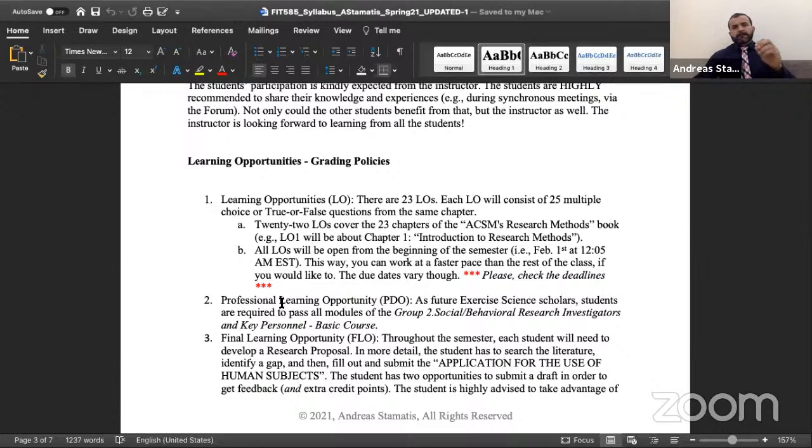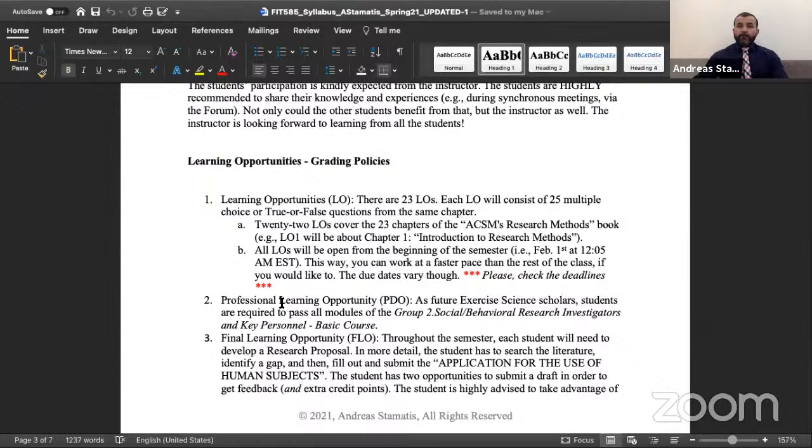And that's training that you get for free through Plattsburgh, and you can use anywhere as a researcher. It shows that you have a basic understanding, especially the Group 2 social behavioral research investigators and key personnel knowledge, okay? And your FLO will be about you, as I said, submitting a research project, right?